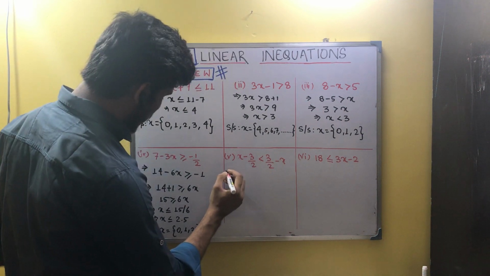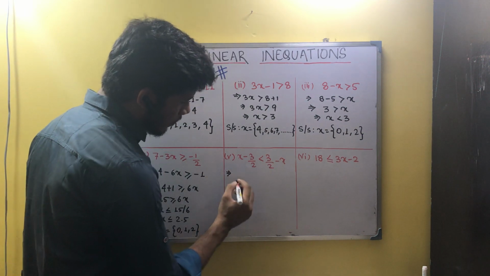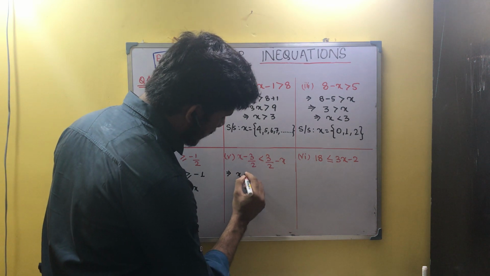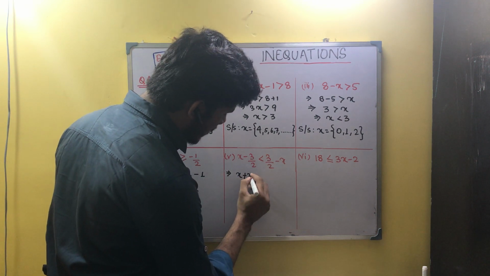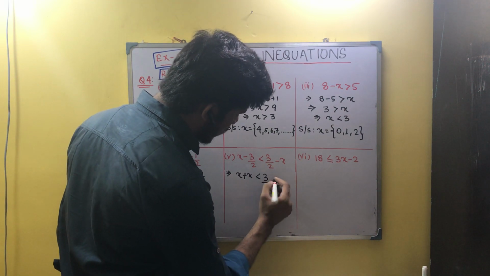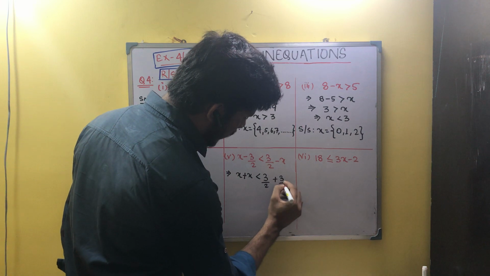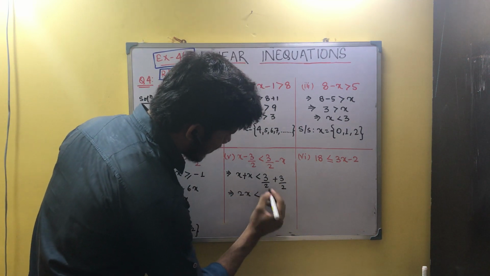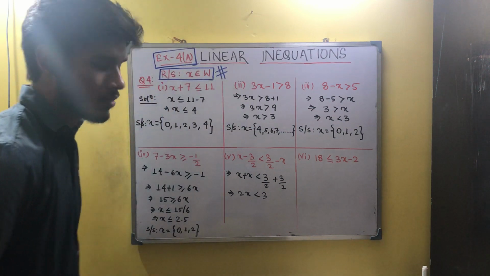Now come on to the fifth part. This gives you, let's take x to the LHS. So this x plus this x less than, take this 3 by 2 to the RHS. So this 3 by 2 plus the 3 by 2 coming from the LHS. Now this becomes 2x less than 3, isn't it?